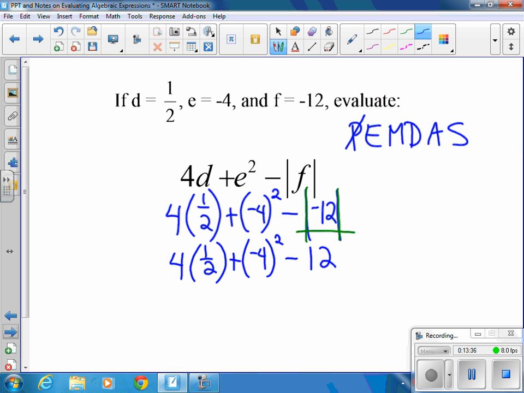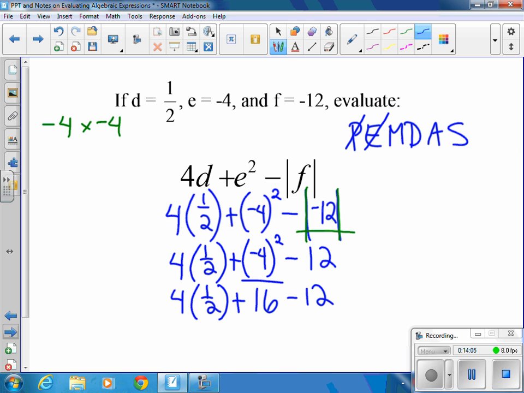Now I have to do exponents. I do have an exponent. It's right here. Again, let's remember what we're doing here with that exponent. We're doing -4 times -4. So it's a negative times a negative, which gives me a positive. So I have 4 parentheses 1/2 plus 16, because it was a positive 16. 4 times 4 is 16 minus 12.